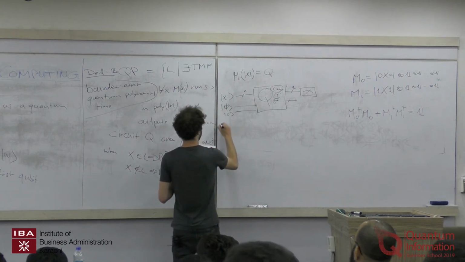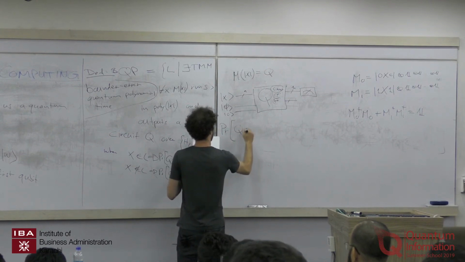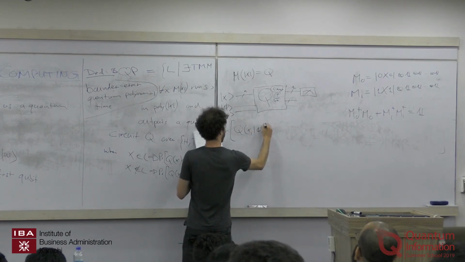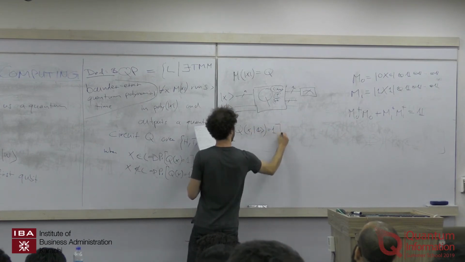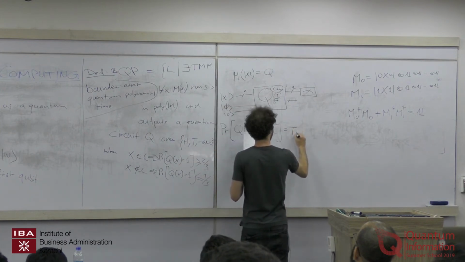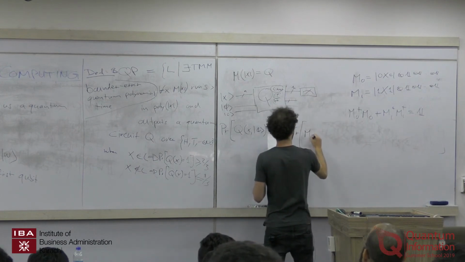And here, this probability expression is very similar to what we have seen before. So Q of x, phi equals 1 is the trace where we do a measurement with a measurement operator M1.